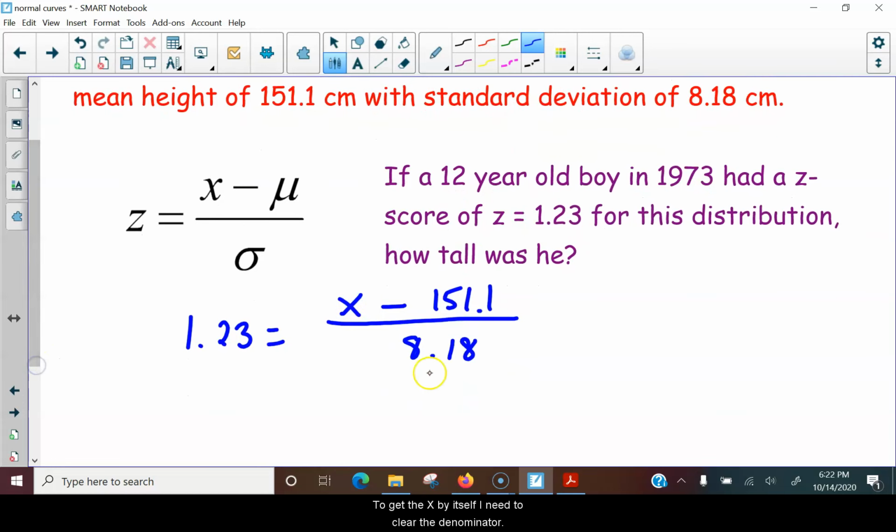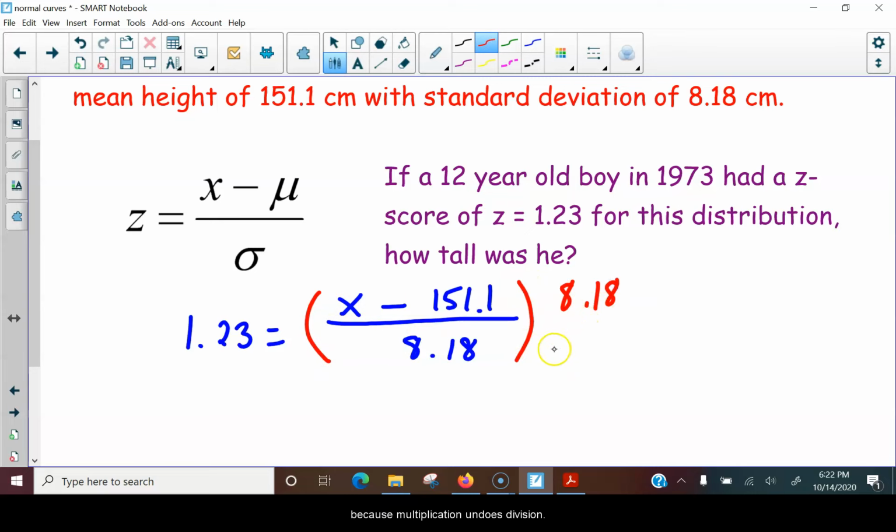To get the x by itself, I need to clear the denominator. Right now, x minus 151.1 is being divided by 8.18. To undo that division, we're going to multiply by 8.18 because multiplication undoes division. Since we multiply on one side of the equation, we have to multiply by 8.18 on the other side as well.